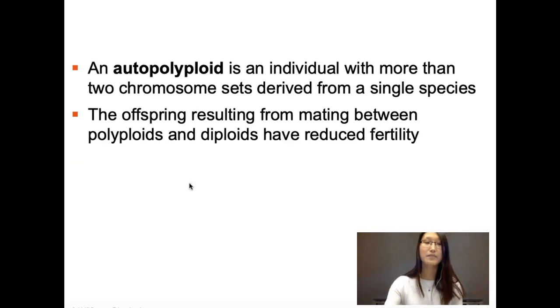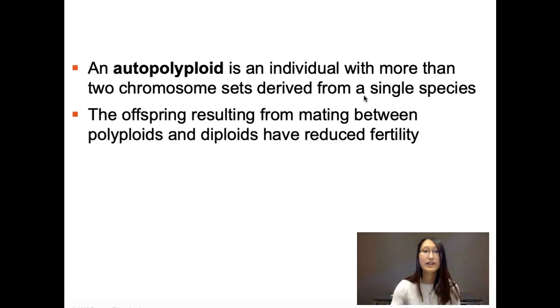So here's an example of how polyploidy can happen. There's autopolyploidy, when an individual has more than two chromosome sets derived from a single species. So you would have one species of plants, but because of the errors during cell division, it becomes a polyploid.